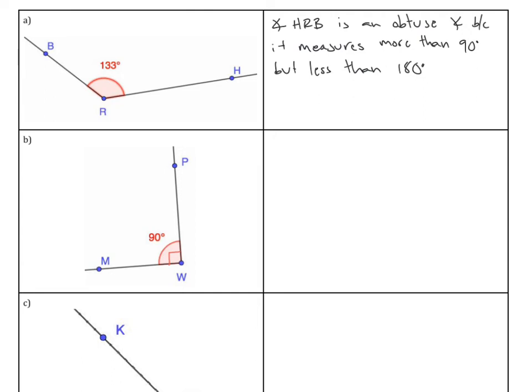But because I know this, we can say that the measure of angle PWM is a right angle because it measures exactly 90 degrees.